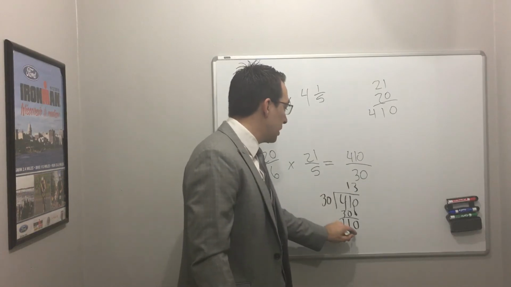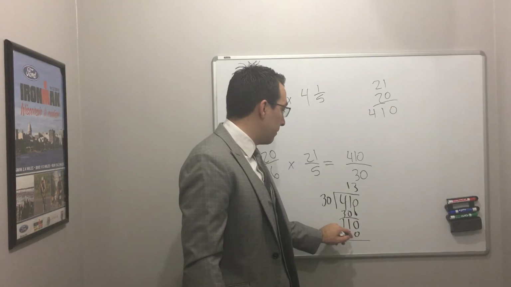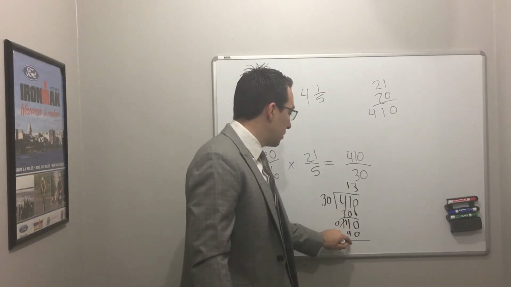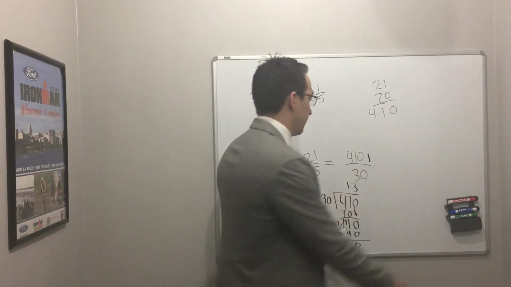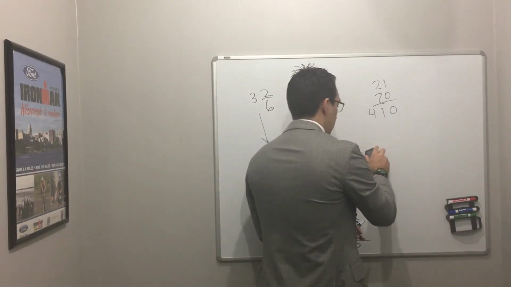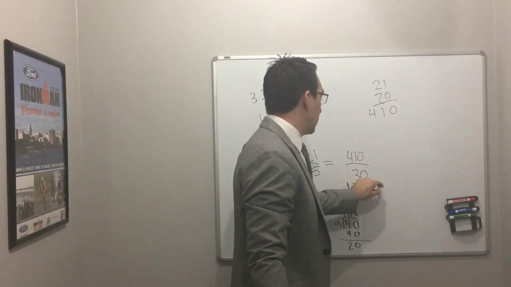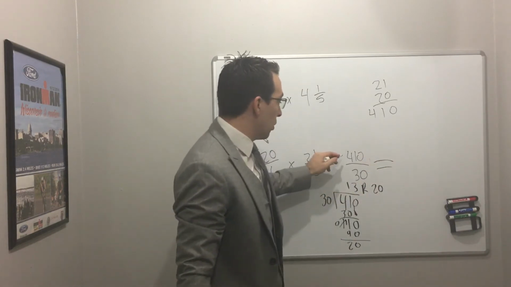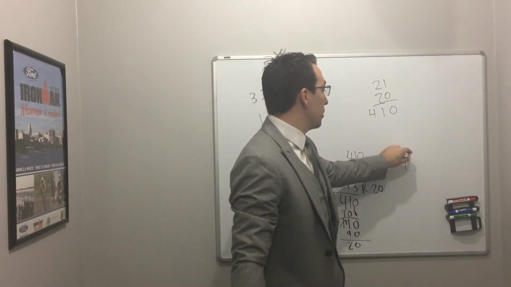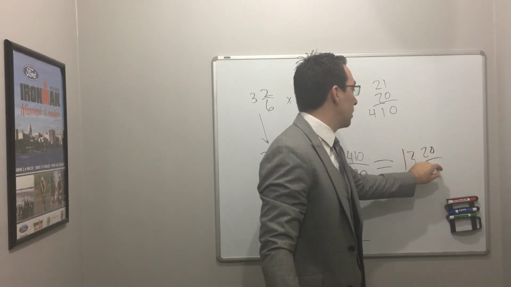So 14, remainder of 0. Oh, check this out. So 420 divided by 30 is 14.